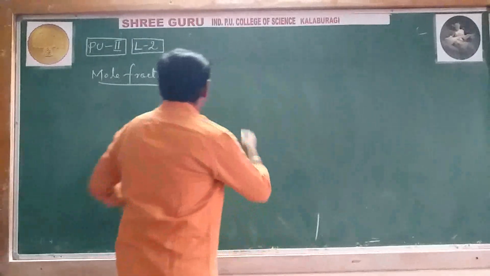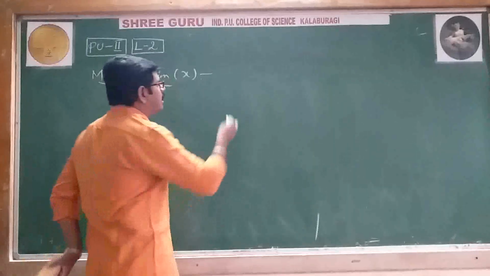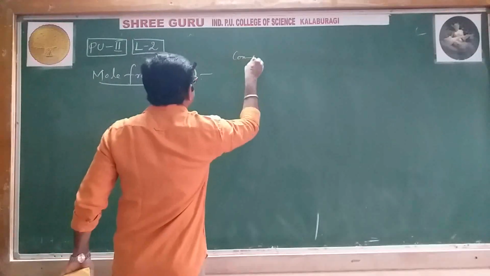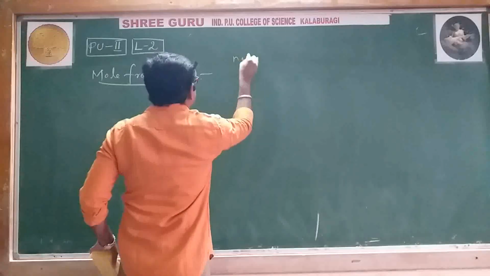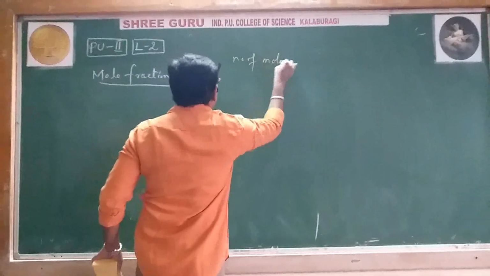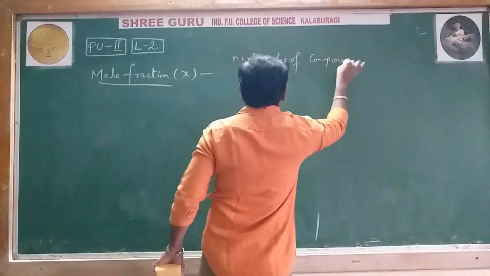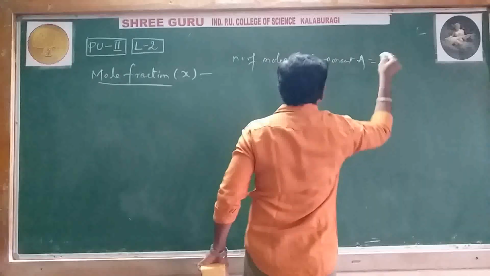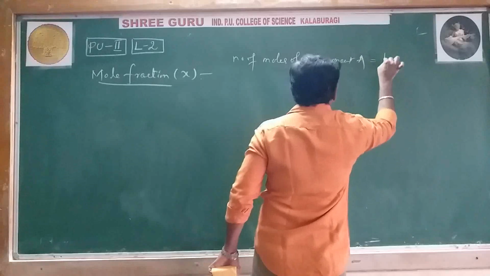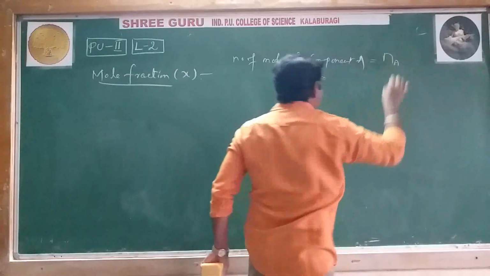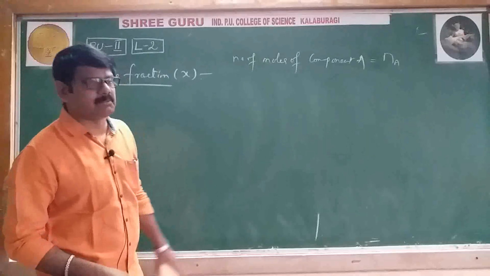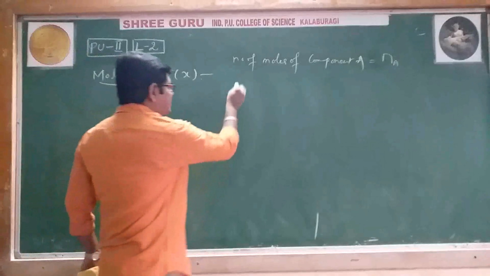See here. Then what I am doing now, we'll write number of moles of component A, we will indicate like this, Na. Number of moles of component A is Na. Exactly.